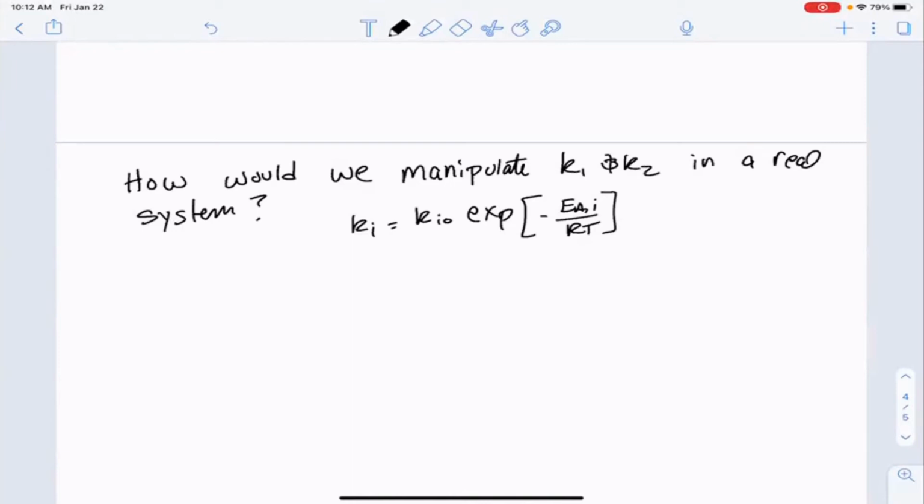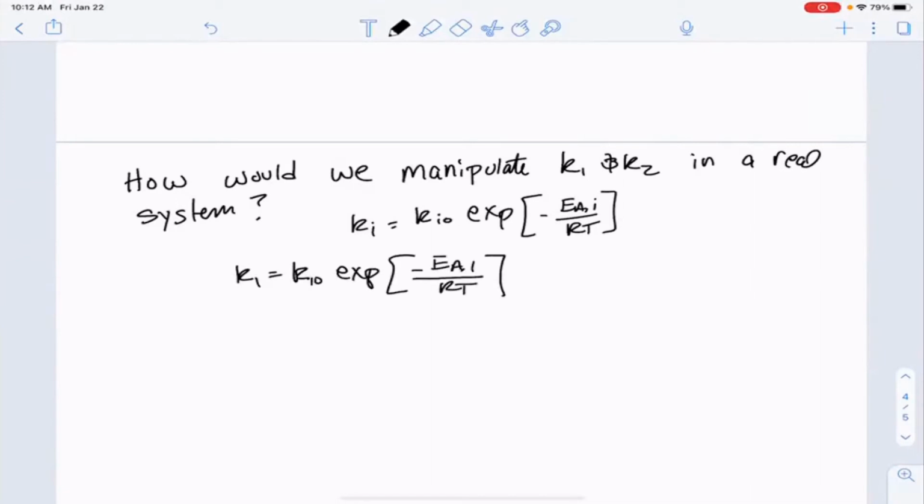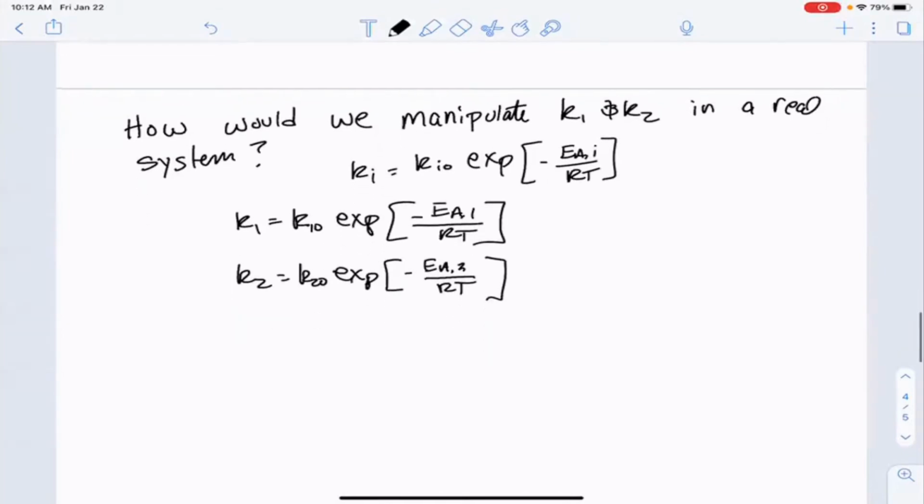And if we change the temperature, remember, if K1 is equal to K10 times the exponent of minus EA1 over RT, well, K2 is also a function of temperature. Okay. And if we change one, we automatically change the other one. Now, the question here is by how much?